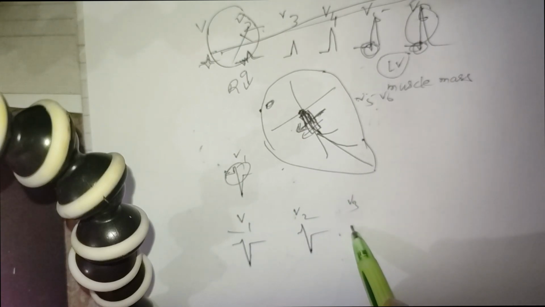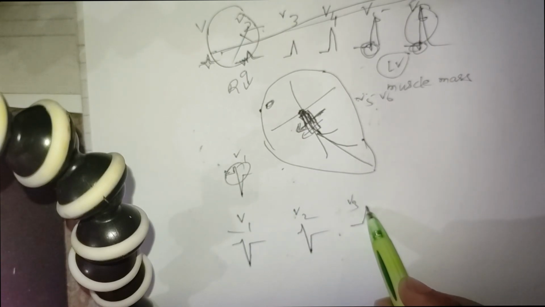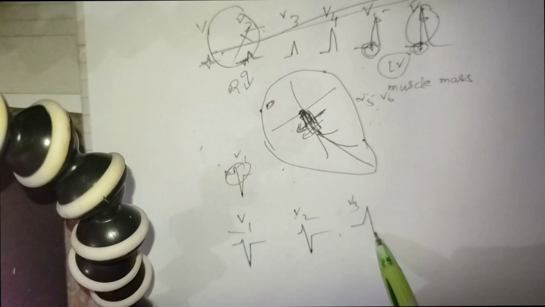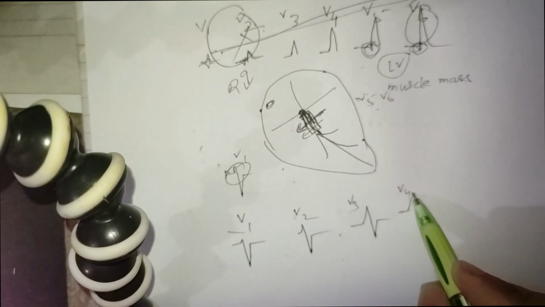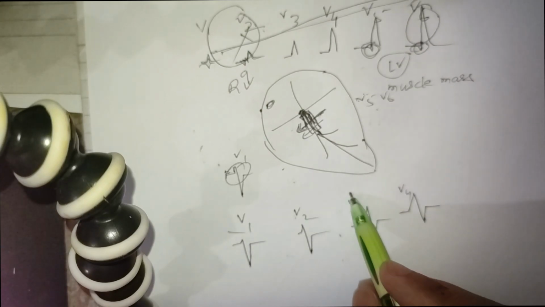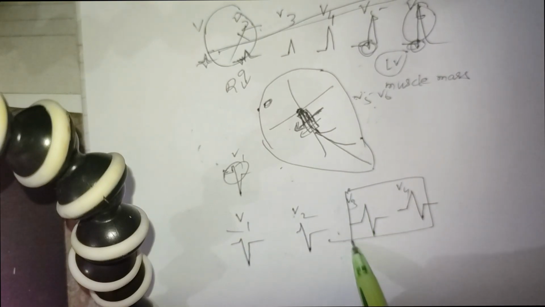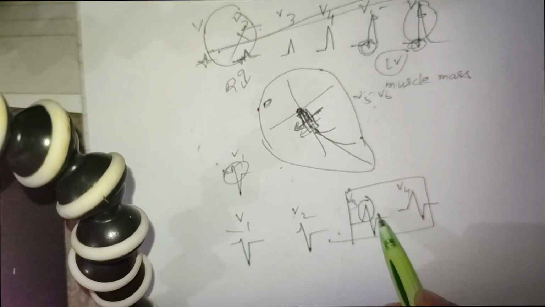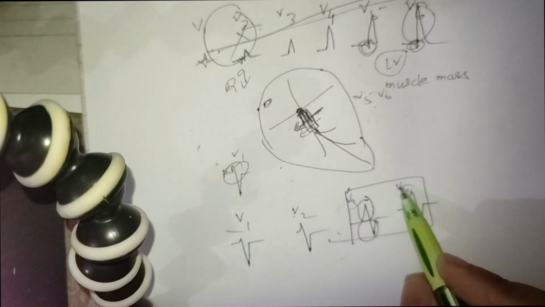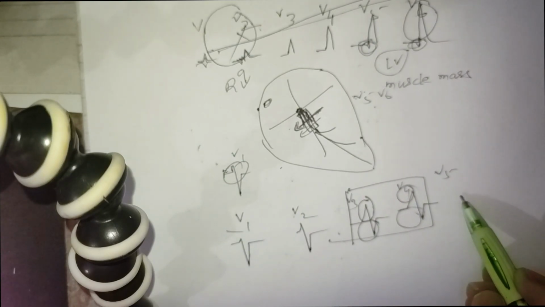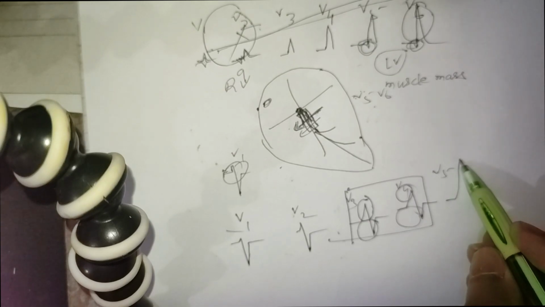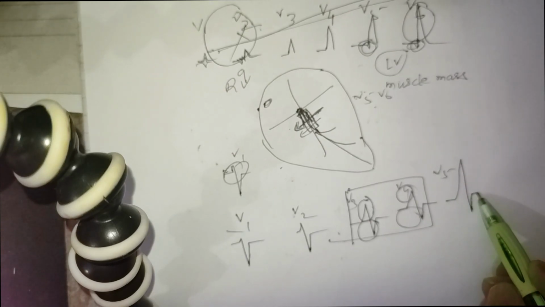Similarly if you go to V3, the R wave amplitude increases and the S wave slightly decreases. If you go to V4, it is about the same. So you can see here in V3, V4 it has almost become isoelectric, so the voltage on the positive side and negative side are almost equal. And if you go towards V5, R wave increases and S wave starts decreasing.